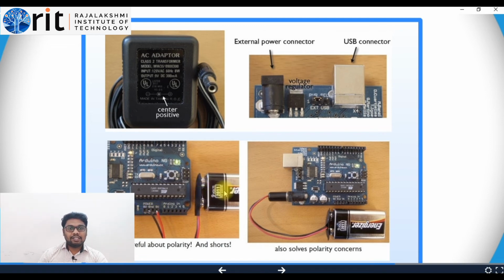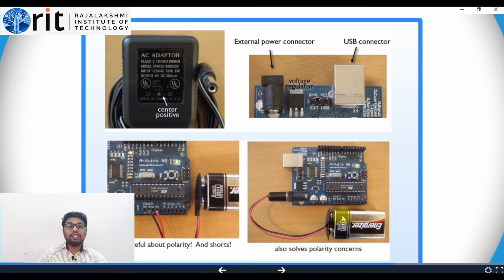A 9 volt DC battery is available, so you can use this connector and directly connect it to these pins to power it up. Or you can buy a 2.1 socket like this, connect your battery terminals to the socket, and insert it into the power jack.